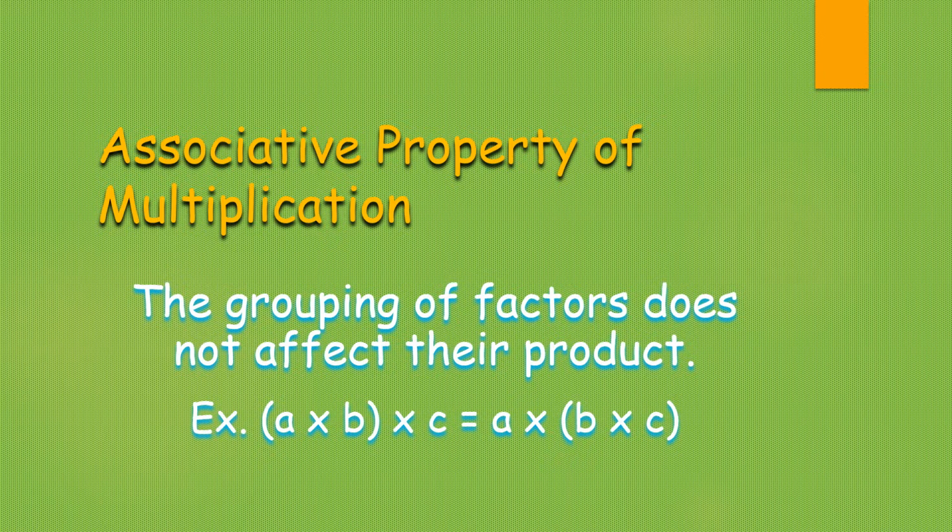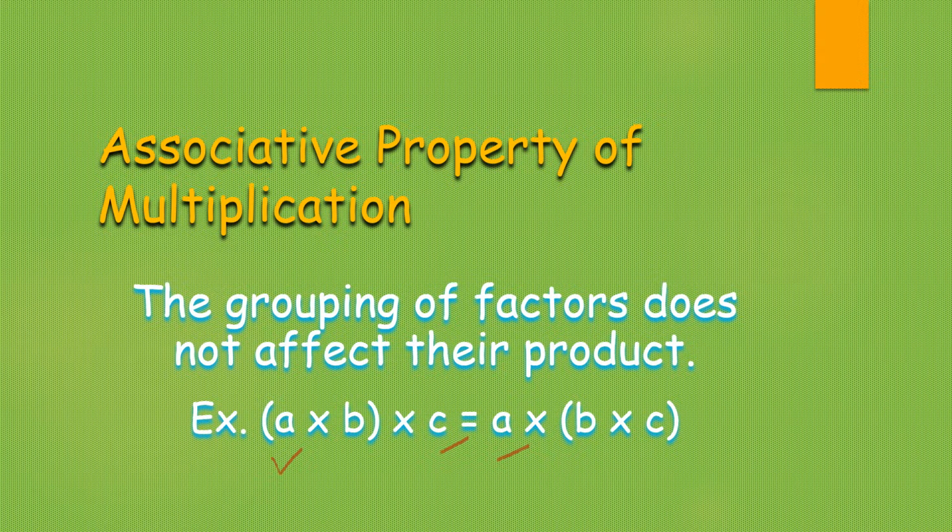Associative property of multiplication, the grouping of factors does not affect their product. Here, bracket a into b bracket close, into c equal to a into bracket b into c. That means no effect after multiplication, we get the product.